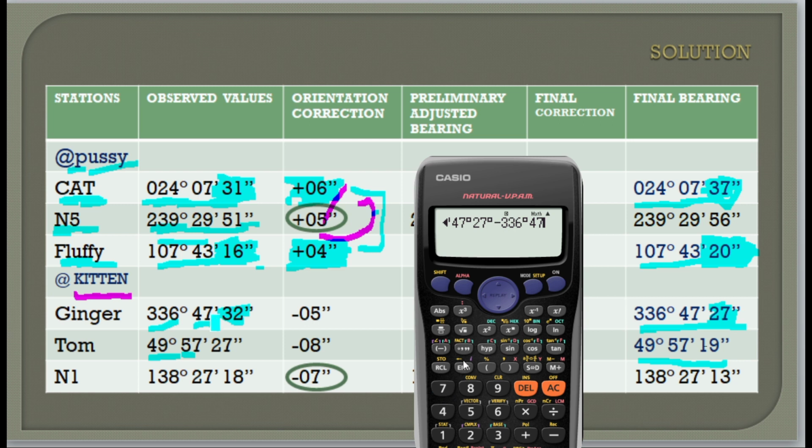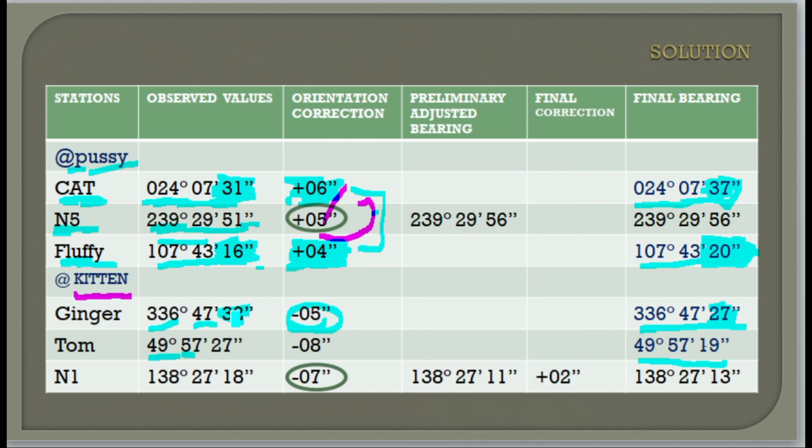By subtracting both these two values, we'll get -5. That -5 is the data that will be used to subtract from the observed value in order to get the final bearing. So we obtain our orientation correction from the same.